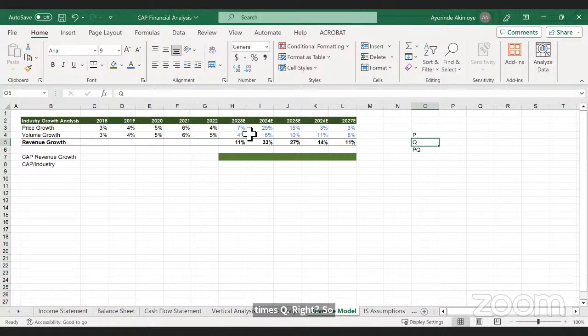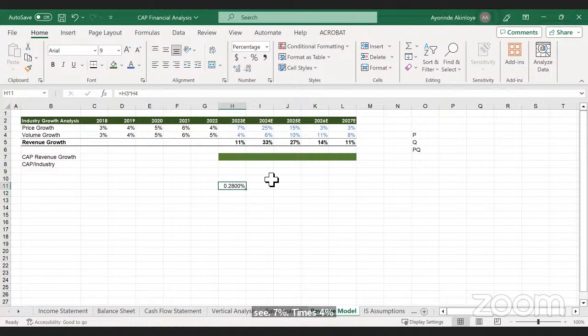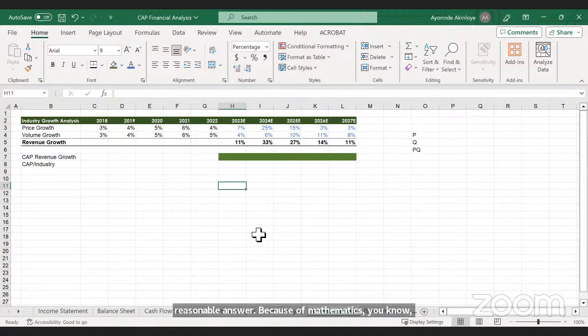But remember, you can't just say 7% times 4%, because you won't get a reasonable answer because of mathematics. Remember, in mathematics, if you are going to multiply percentages to get another percentage, you have to add 1.